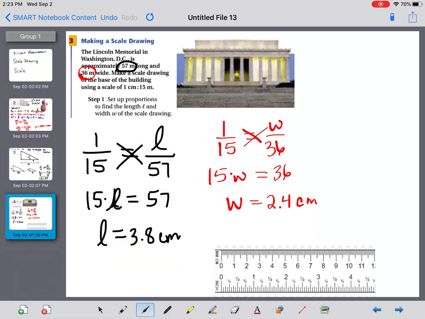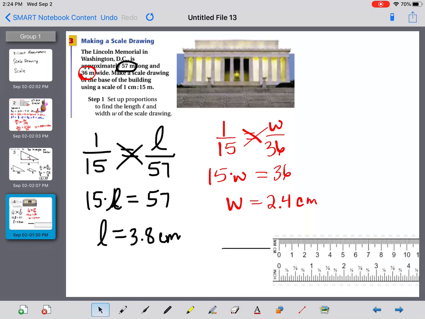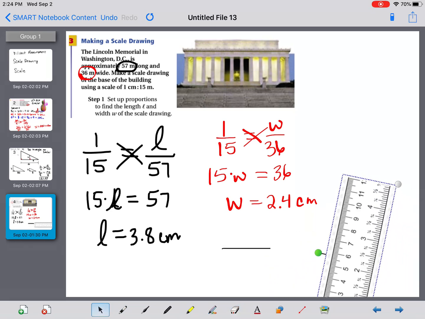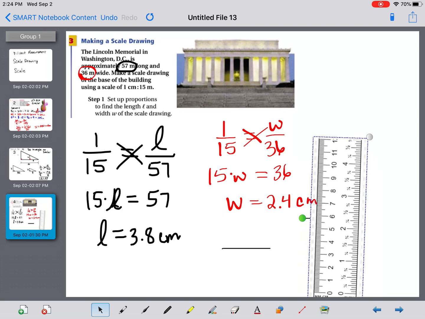So we have a length of 3.8 centimeters. So that's probably a little too far. Let's go back a little bit. There's about 3.8. And I gotta rotate my ruler here.